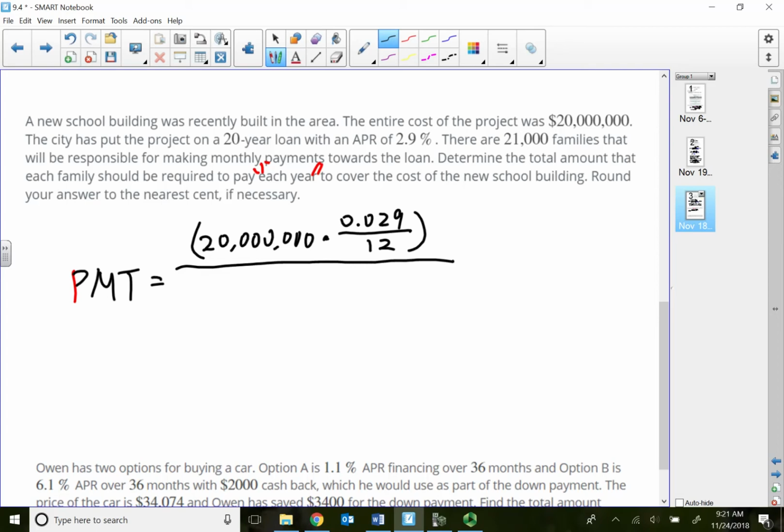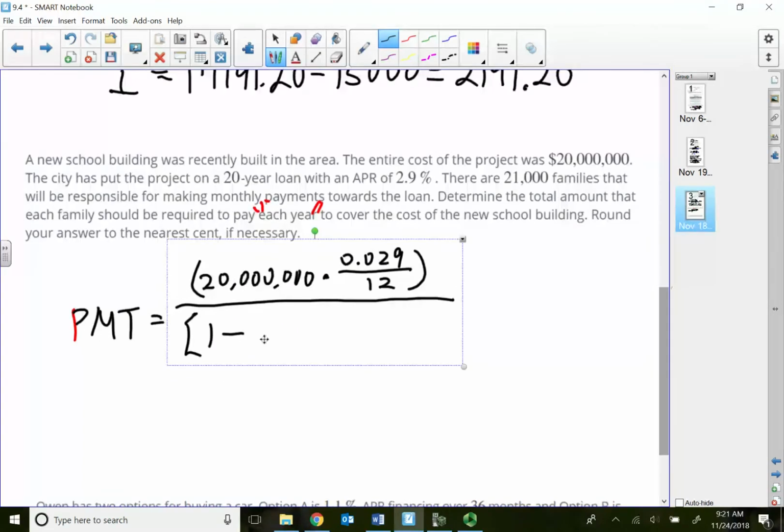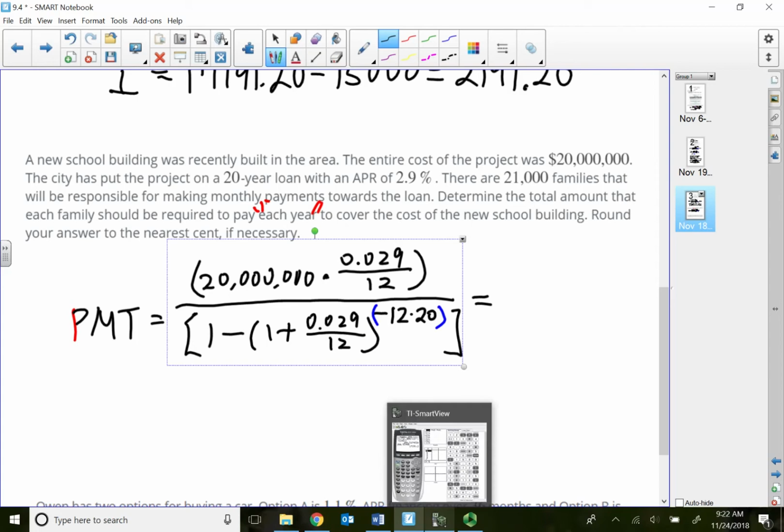Whole thing over bracket 1 minus 1 plus 0.029 divided by 12, whole thing raised to the negative 12 times 20 years. So let's put that in the blue. So this will be the monthly payment for the city, or for the entire 21,000 families.